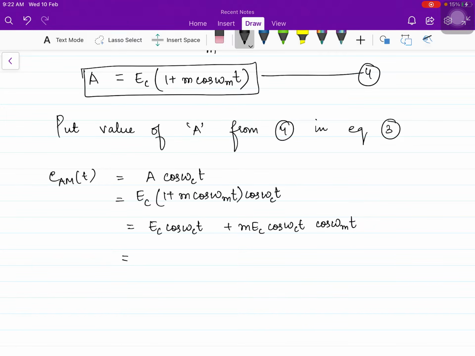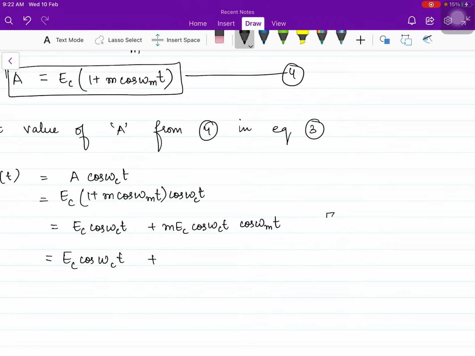Okay, so what we will do here, we have got this, and by using the trigonometry formula, that is 2 cos A cos B is equal to cos(A plus B) plus cos(A minus B), I will try to use this formula. So I will multiply and divide this term by 2.